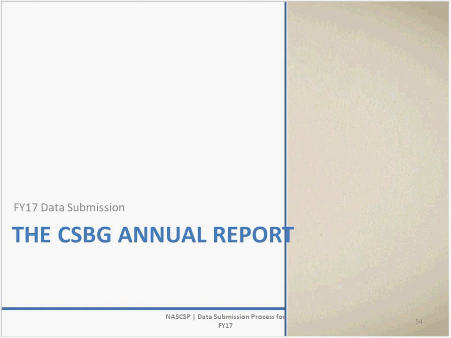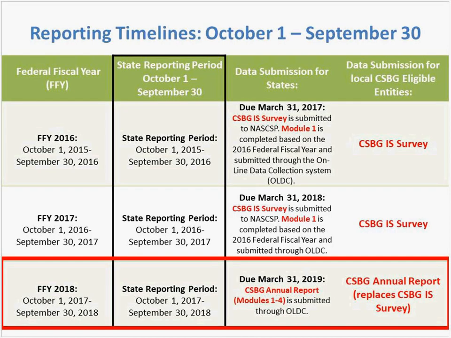As I mentioned earlier in the webinar, this is the last year for the submission of the CSBG IS data, and we are moving forward to the CSBG annual report. Right now, all states have been collecting data for the new annual report.